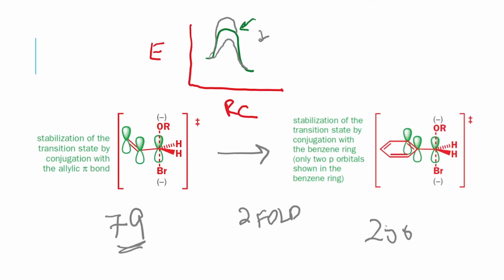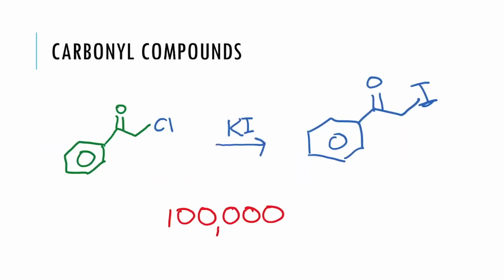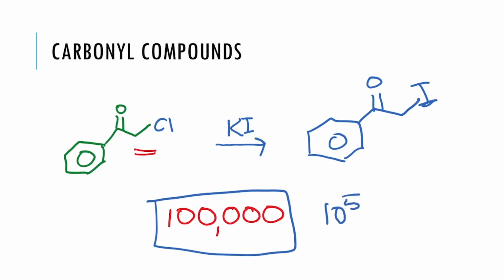But the most important experiment here is the following. When I do this experiment in the presence of benzoyl chloride, that is this chloride over here, I find that the rate of reaction goes up by 100,000. Okay, so this is a 10 to the power 5 increase in rate of the reaction.